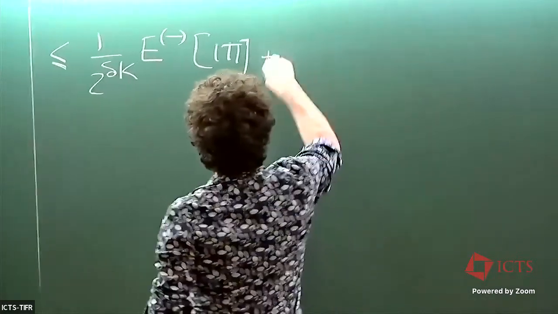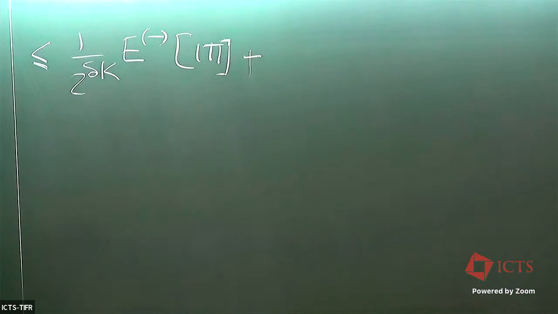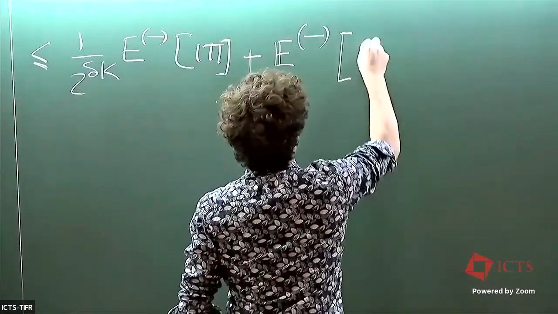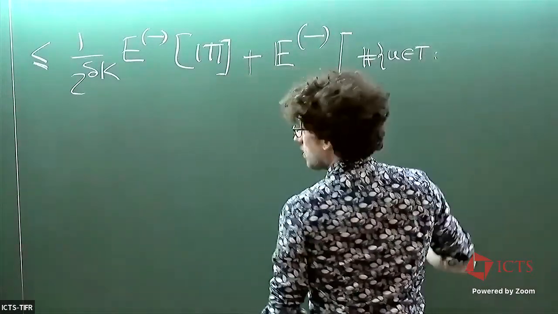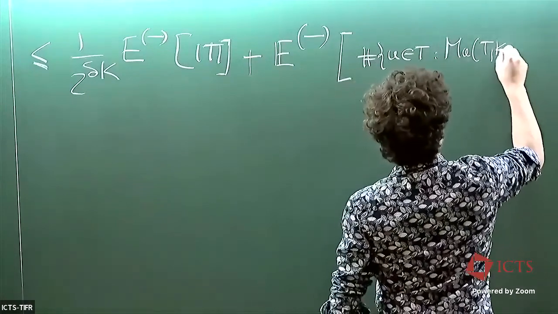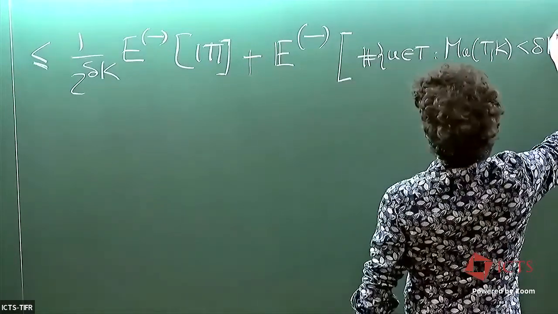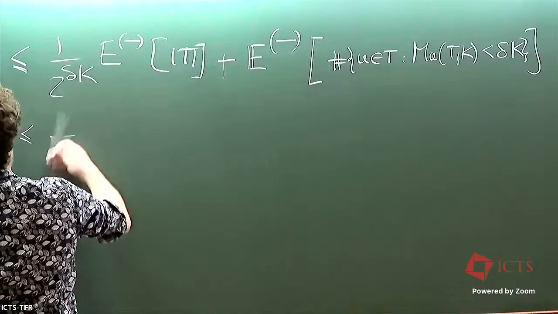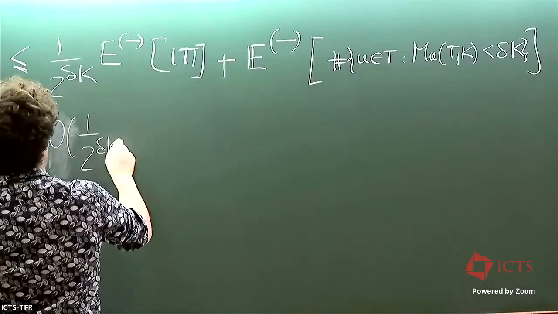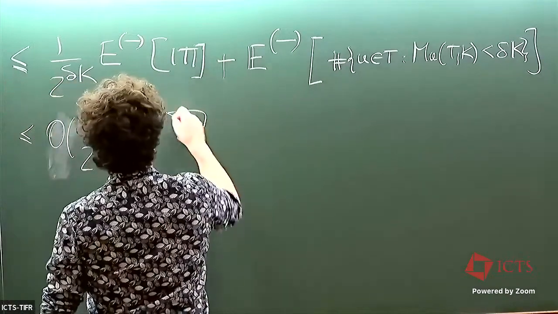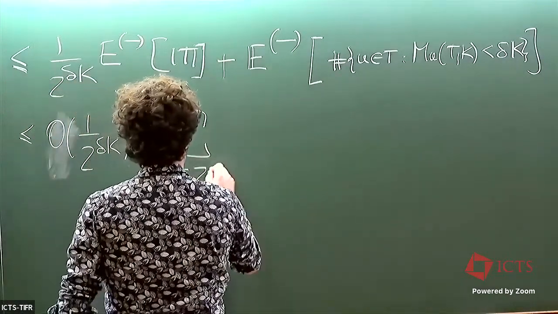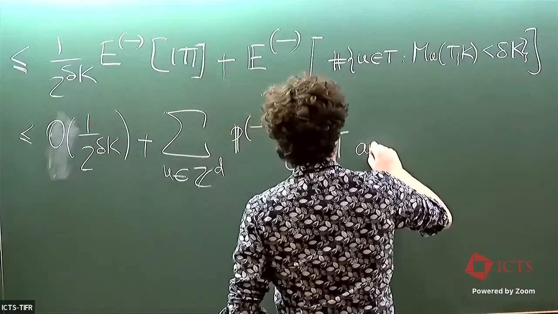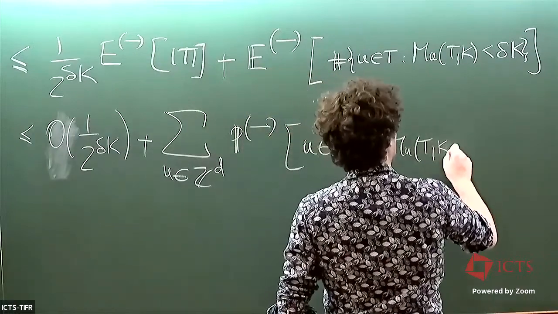And for the second one, we are going to say this is smaller than the expectation of the number of U's in T such that mu(T, k) is smaller than delta K. But the advantage here is that for the first I get big O of 1 over 2 to the delta K. But for the second, I can get the sum over U of the probability that U belongs to T and mu(T, k) is smaller than delta K.